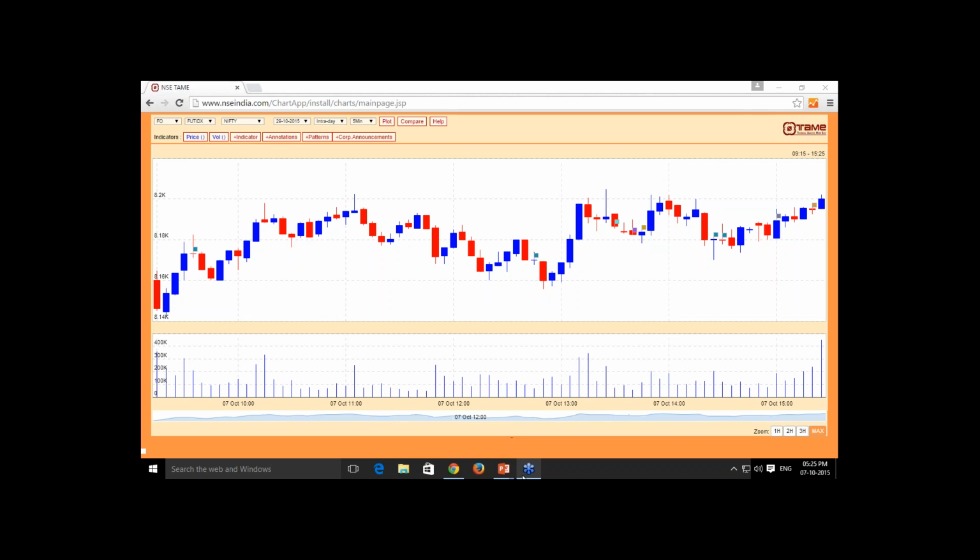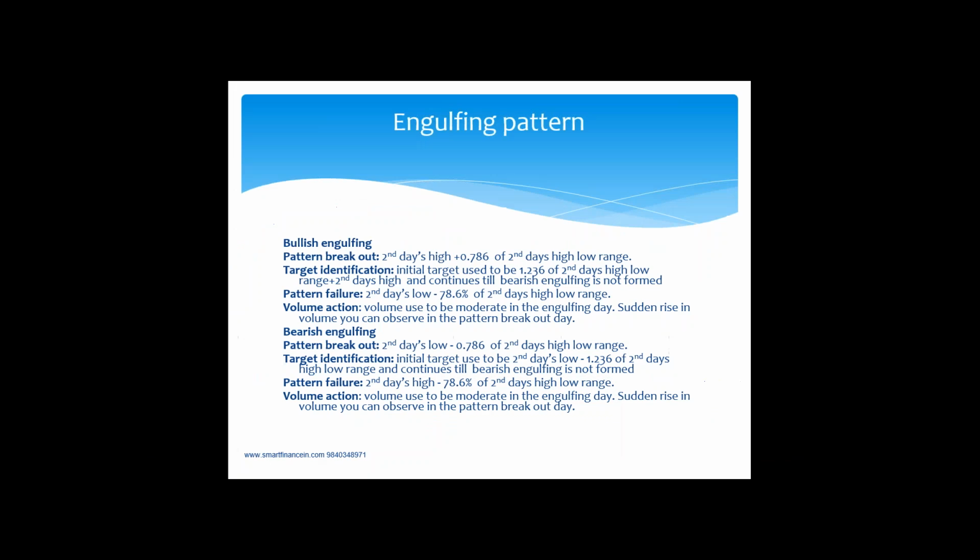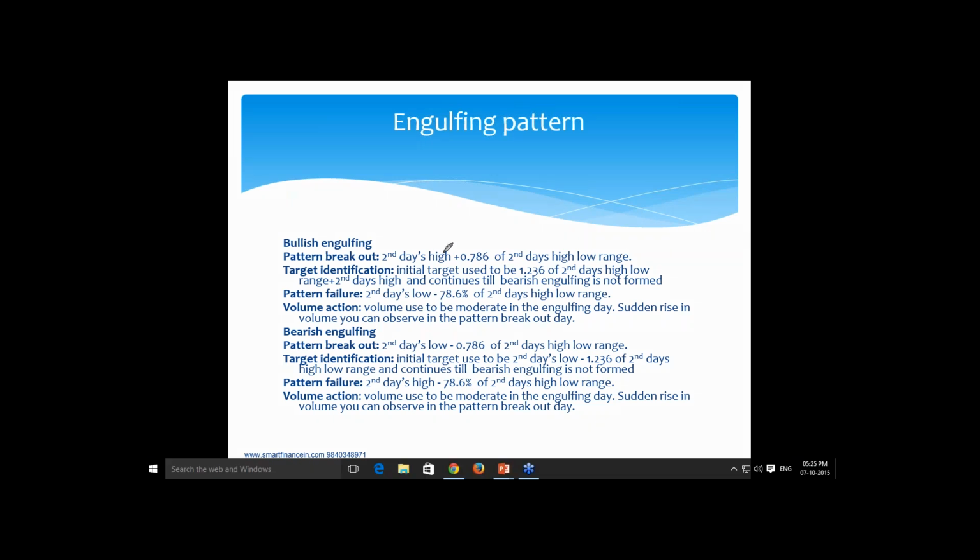How are we treating this particular candlestick pattern differently? We are introducing the concept of Fibonacci into it. We are saying that yes, this pattern has happened, and based on this bullish engulfing pattern, the second candle's high added with 0.786 times the second candle's body is your breakout. That breakout will form a different candle, but we are not worried about that.